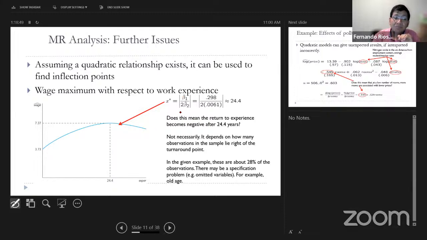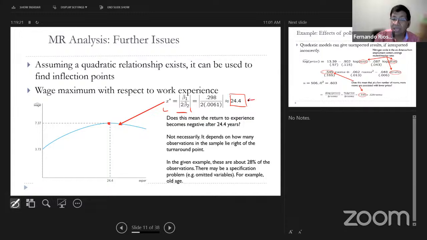The estimation of the inflection point is nothing else but math, so I'm not going to explain how you obtain this solution. But according to this, if somebody has approximately 24.4 years of experience, that's the point where a person will reach the maximum wage possible, or if you prefer, where the marginal effect is 0.